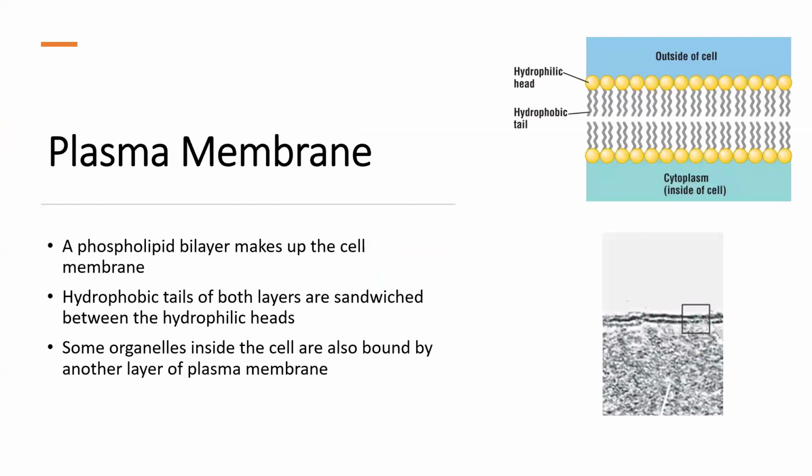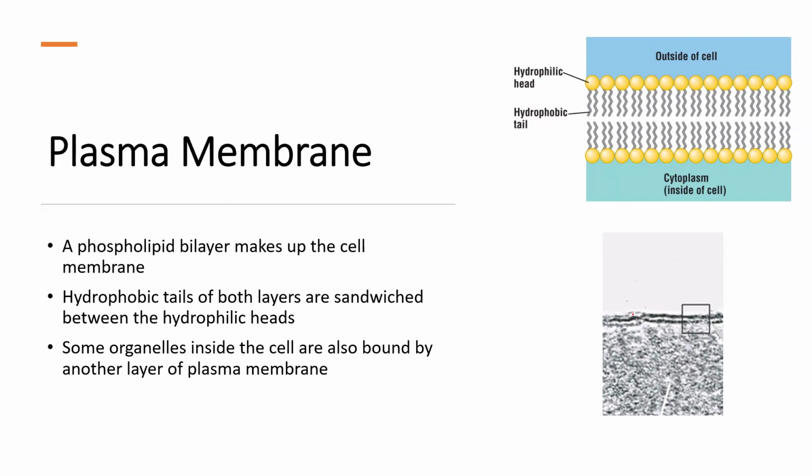If we take a closer look at the cell membrane using one of those high power microscopes, you will see that this is the cell membrane. The two black lines are actually the heads, the hydrophilic heads. And then the white gap in between, that's where you have the hydrophobic tails. Okay.